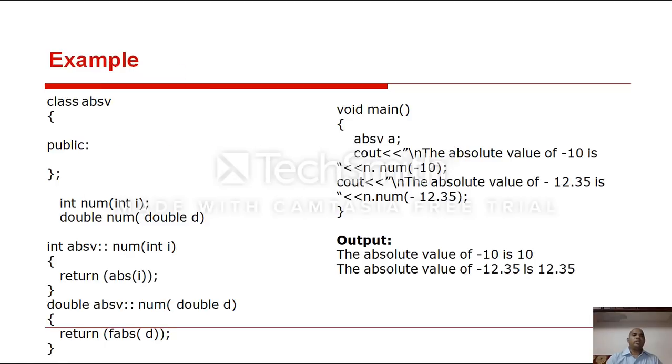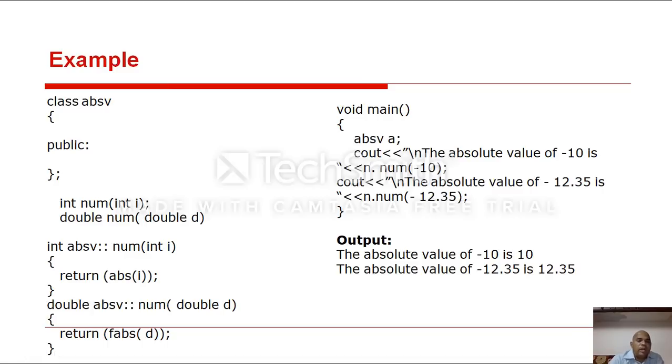Okay. Then here simply class ABSV. Public class closed. Integer num of integer I, double num of double d. Here integer ABS number of integer I, return ABS of I. So here function overloading, here int num, double num, these two num and num are the user defined function names.